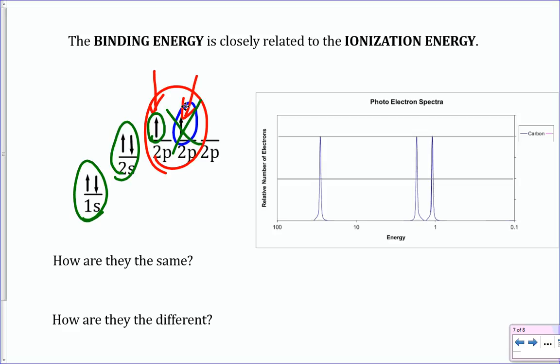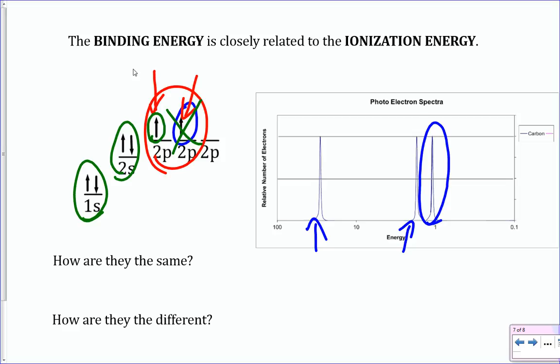We're looking at all of them still being there and we're removing any of the 6. How much energy does that take? That's completely different than the second and third and fourth ionizations of a substance. So the way in which they're the same, this binding energy should really be the same as the first ionization energy of carbon. But these binding energies would have no relationship to the second and third and fourth ionization energies of carbon.